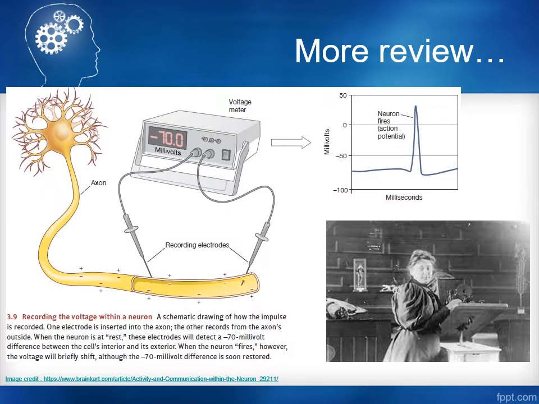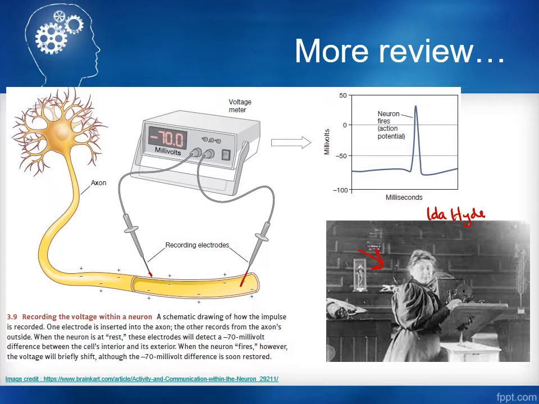How do we know how impulses pass? Well, let me tell you, this amazing woman right here, her name is Ida Henrietta Hyde. She invented this microelectrode. And so it is a machine with teeny, teeny, tiny little needles.